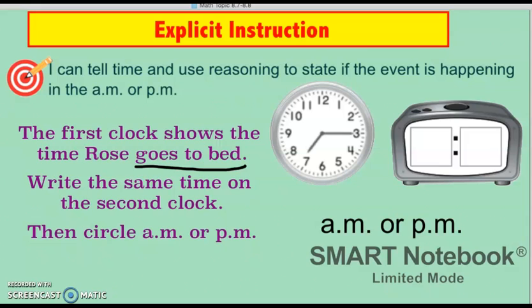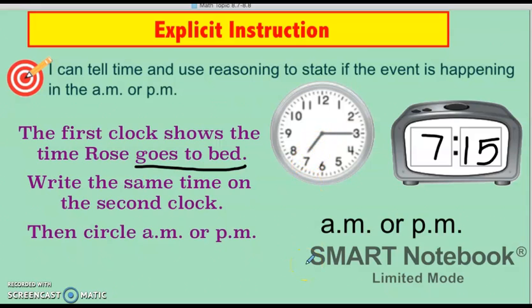If you said 15 past the hour, you guys are right. You are really getting this. I'm going to put my 15 right here. And it is 7:15 because the small line is to the 7.